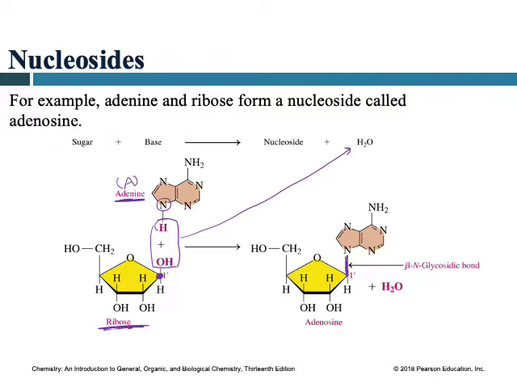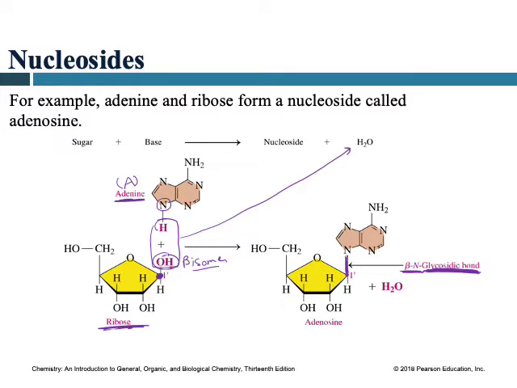And then we know that if any carbohydrate makes a bond, we call it a glycosidic bond. We talked about this bond in the carbohydrate chapter. And this is a beta glycosidic bond. Why? Because this OH is on the upside, so this is a beta isomer. This sugar is a beta isomer of ribose, right?